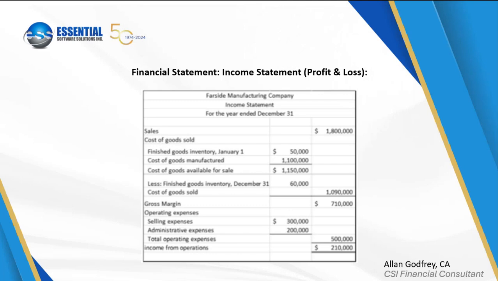That total ties back to the retained earnings on the balance sheet. That's how they tie together. Every single one of these things that you look at, your sales, cost of goods sold, expenses, every single one of these are GL accounts.